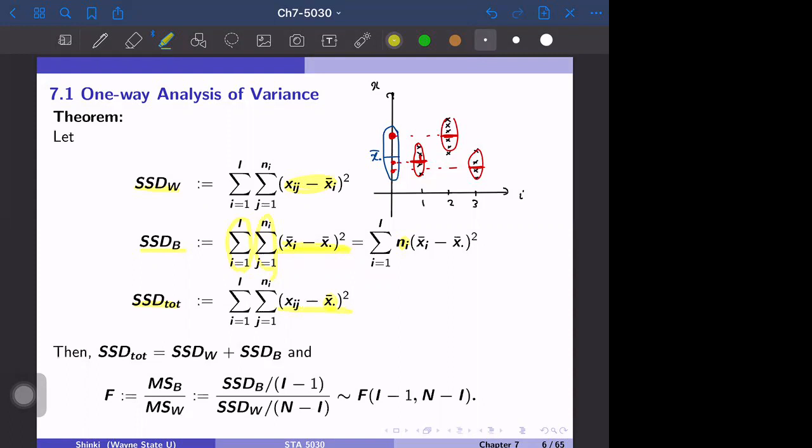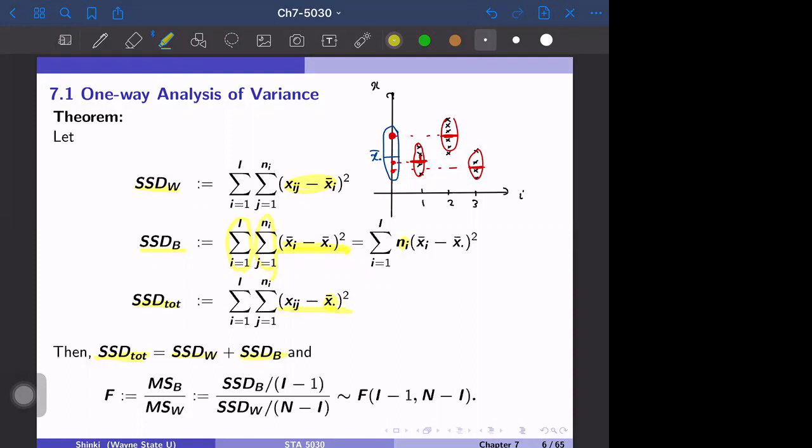And you can prove that the sum of squared deviation total is equal to SSD sub W plus SSD sub B. This is simple algebra, though it takes several lines of calculation. Just use the definitions of x bar dot and x bar_i, then you can prove this.